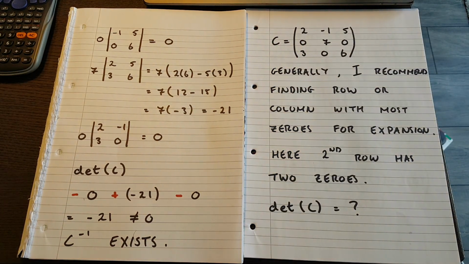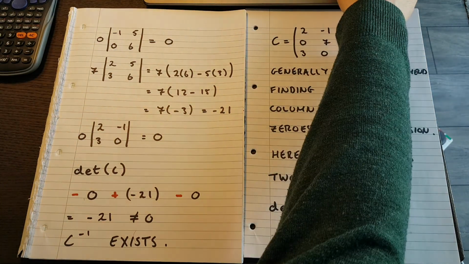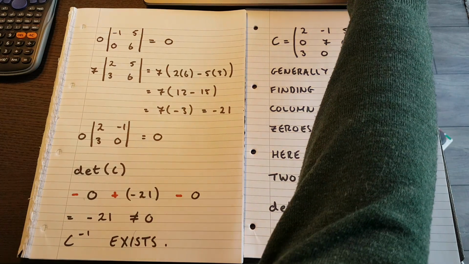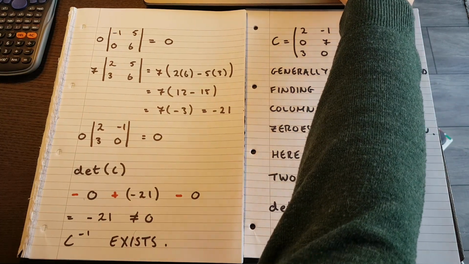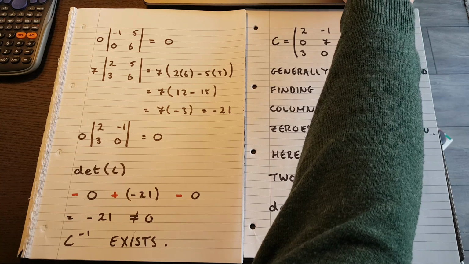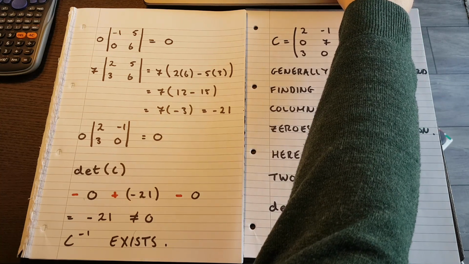Always, every single time. I only expand in columns or in a different row if I know that there are zeros that I can take advantage of. Otherwise, I don't bother. So that's how you find the determinant of a 3 by 3 matrix.